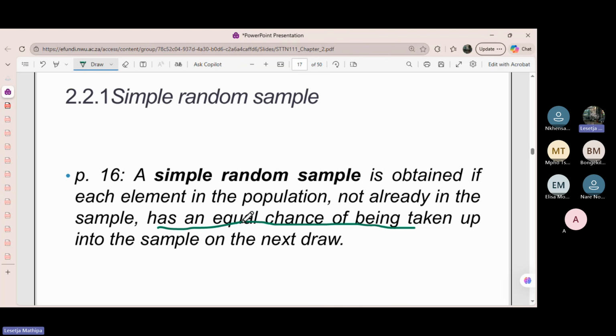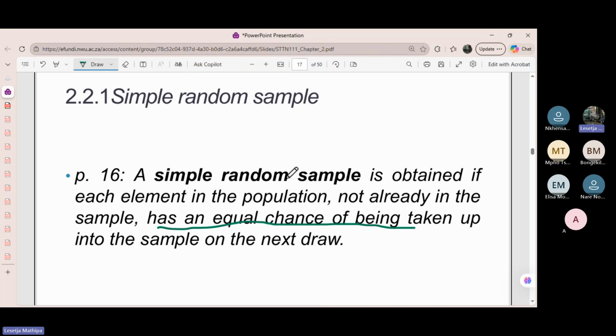On that scenario, they can ask which of the following, maybe about the types of probability sampling or the error, but you need to check that scenario. Does each element of that population have an equal chance of being taken into that sample? You need to check that before you can say, yes, the answer is simple random sampling. So it's very important to check that.